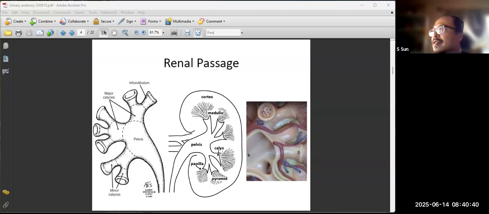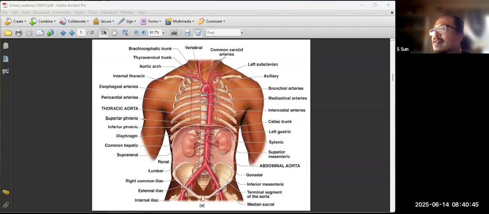So let's look at the blood first. Look at the blood supply into the kidney. For the kidney to generate the urine, it needs to have the blood supply. And the blood supply comes from the heart. We have this picture from earlier. The heart pumps the blood into the aorta.